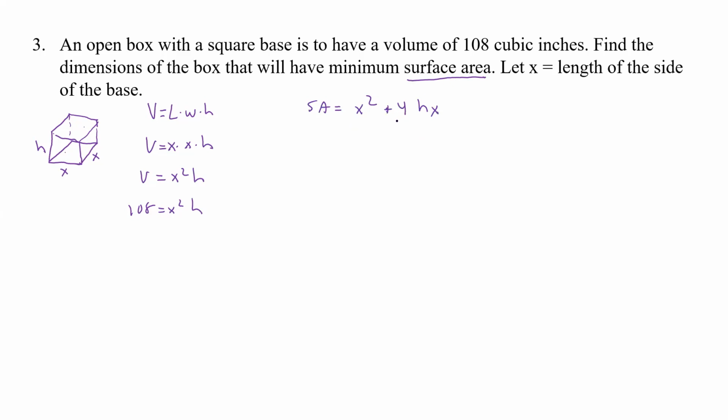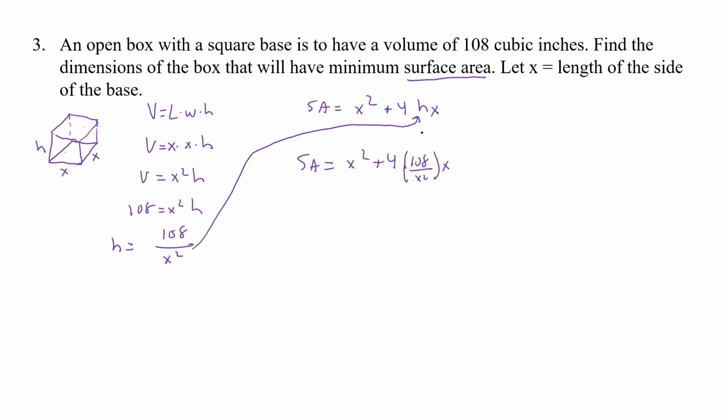Okay. So to do that, we have to have all units the same. So we can't have an h here. So that's why we have this volume equation. And so h is equal to what? 108 over x squared. And so then we can plug that in here, and surface area is equal to x squared plus 4 times 108 over x squared, times x.